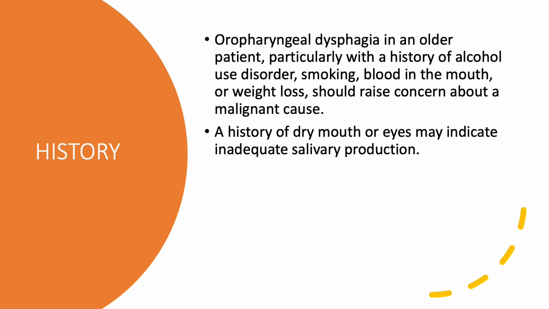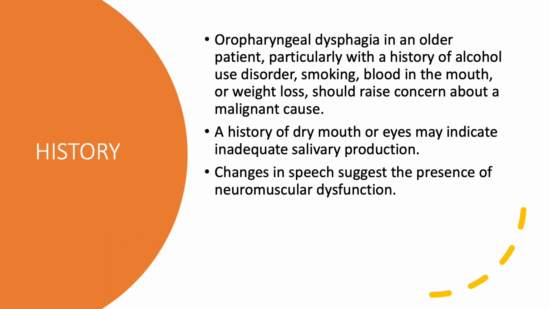A history of dry mouth or eyes may indicate inadequate salivary production. In such cases, it is particularly important to obtain a detailed review of medication that can reduce salivary flow, a history of radiation therapy to the head and neck, or Sjogren's syndrome.